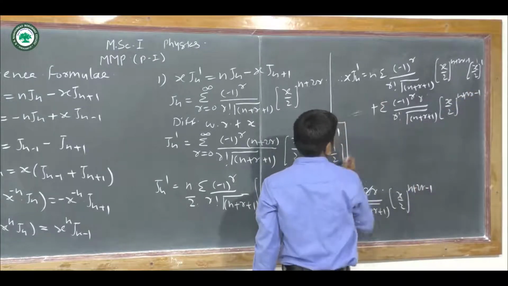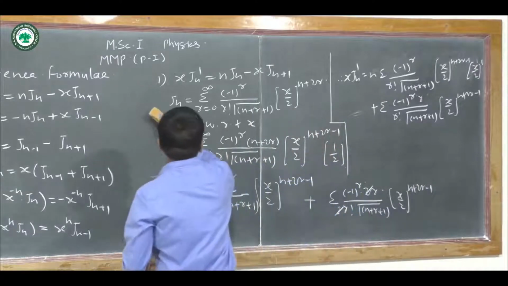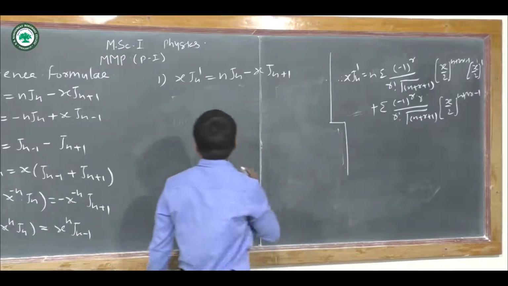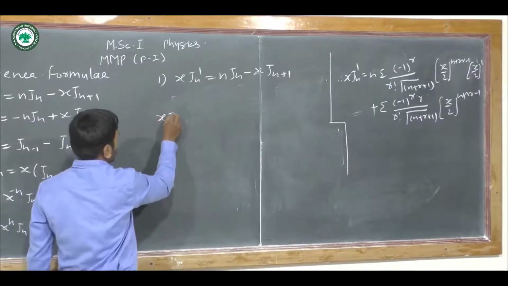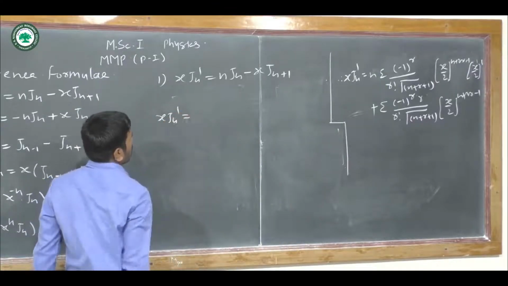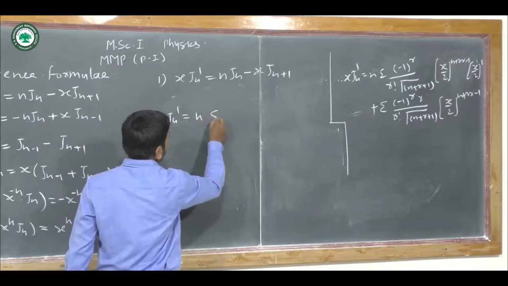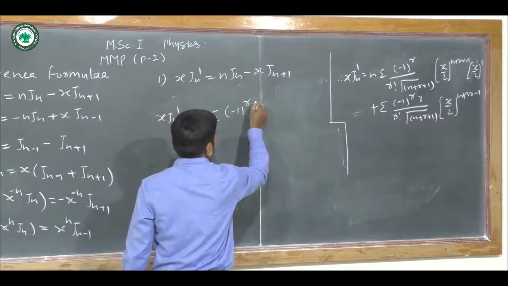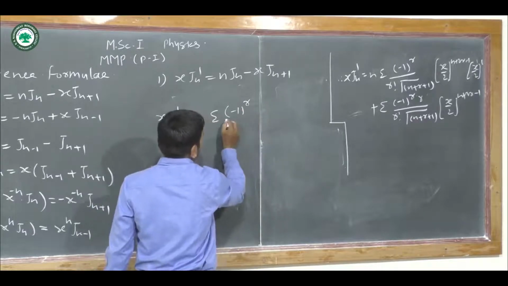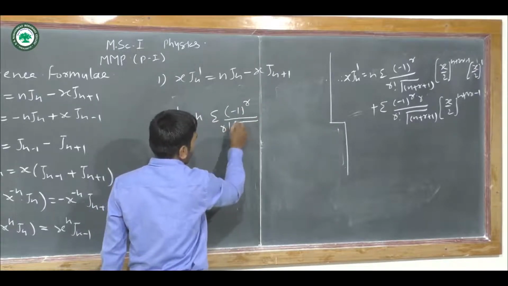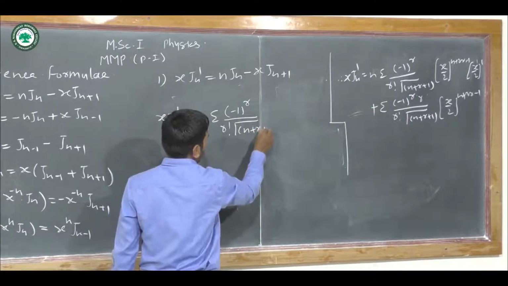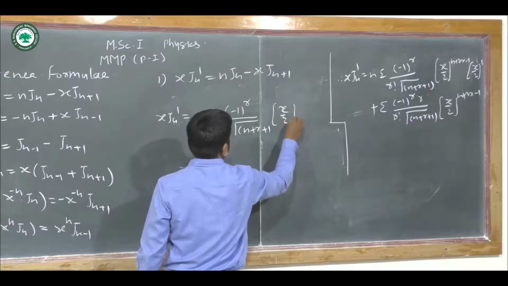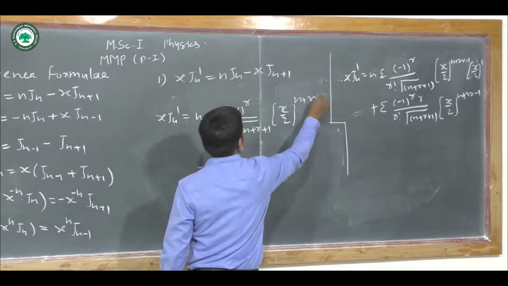So this total expression, if I write here, x Jn prime is the summation of minus 1 power r divided by r factorial gamma of n plus r plus 1 into x by 2 power n plus 2r.